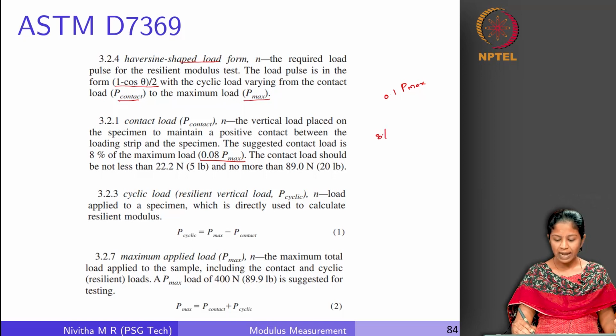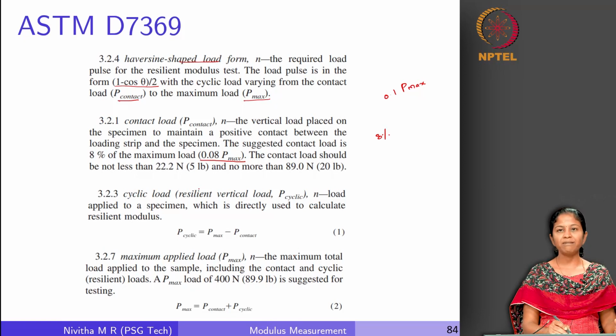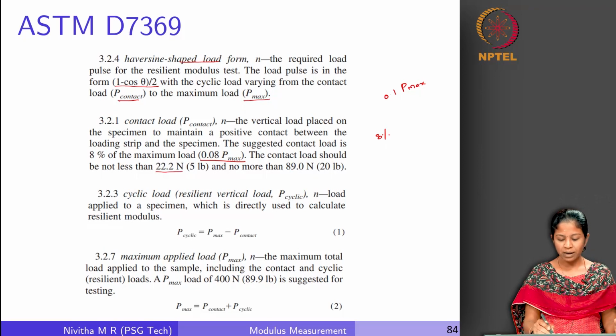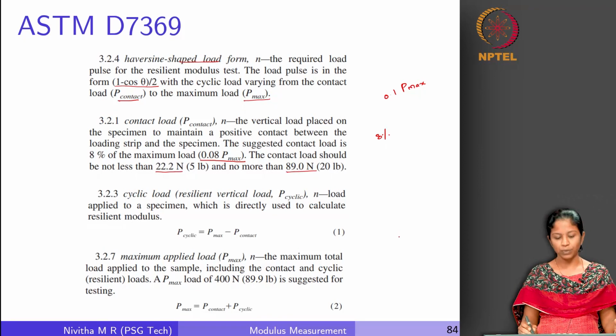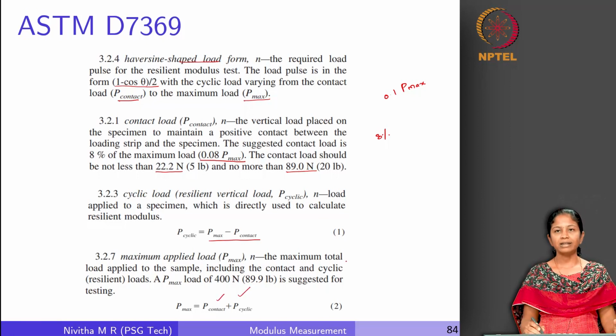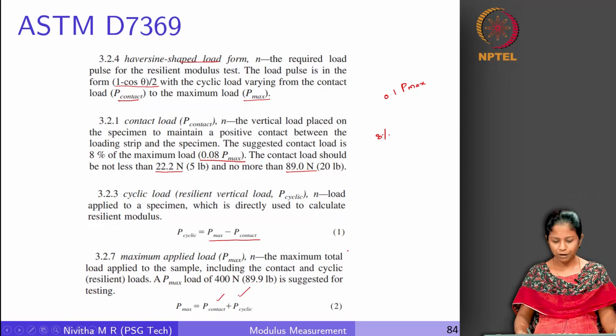So, it is about 8% of the maximum load, and they have also given boundaries for this contact load. It should not be less than 22 Newton and it should not be greater than 89 Newton. And we have a cyclic load as defined earlier, which is the maximum load minus the contact load, and the maximum load is defined as the sum of contact and cyclic load. So, a similar kind of denotation.